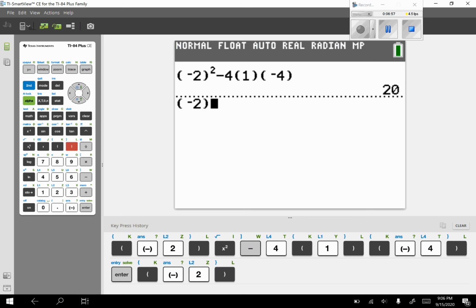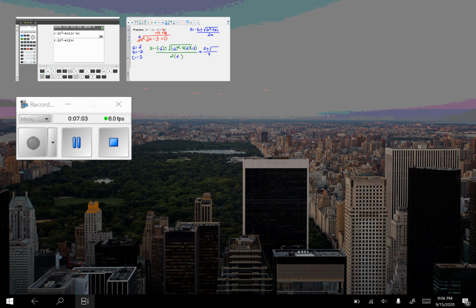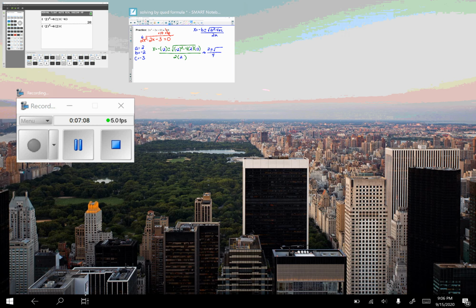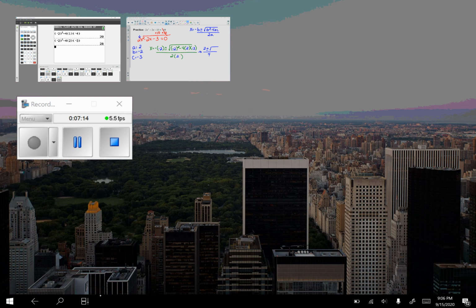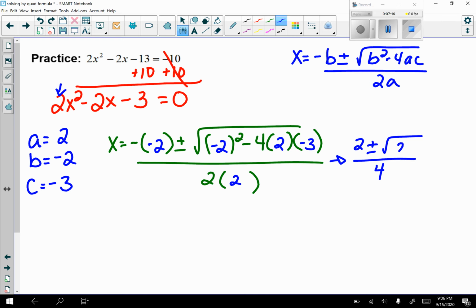Negative 2 squared minus 4 times 2 times negative 3. So under the radical, I should get 28. Now I need to break down my radical into 2 pieces. 2 plus or minus 2 different radicals.